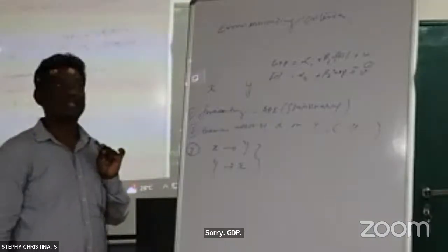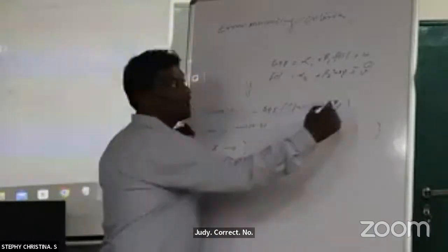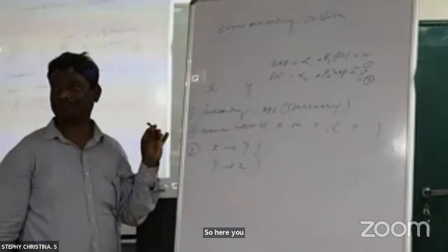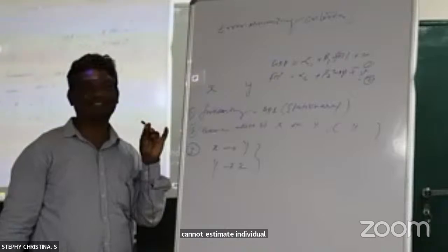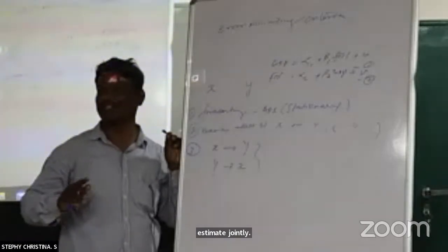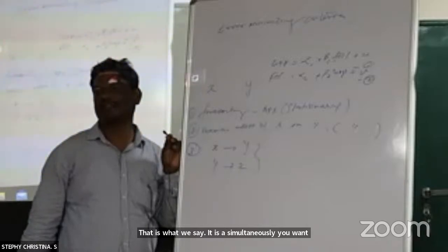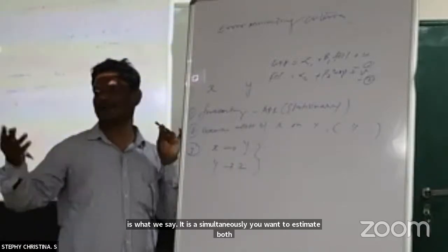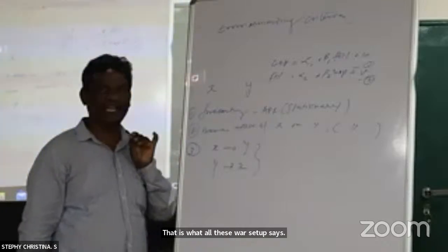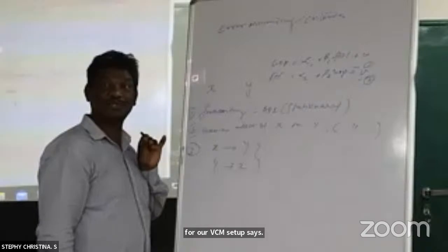Correct? No. So here you cannot estimate individually. You have to estimate jointly. That is, simultaneously, you have to estimate both. That is what the VAR setup says, or the VECM setup says. So we are going to estimate these two simultaneously.